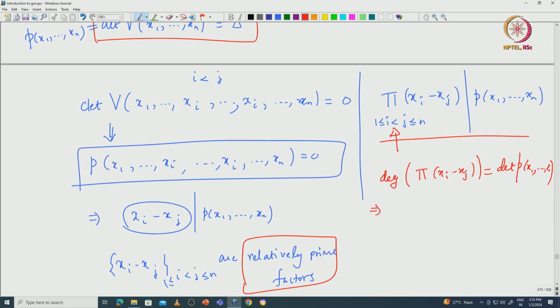So that is the outline of the proof. This p of x1 etc. xn divided by this product of xi minus xj, i less than j, is going to be some constant. Now that constant has to be 1 by comparing like terms. You can just compare, for example, the highest degree term.